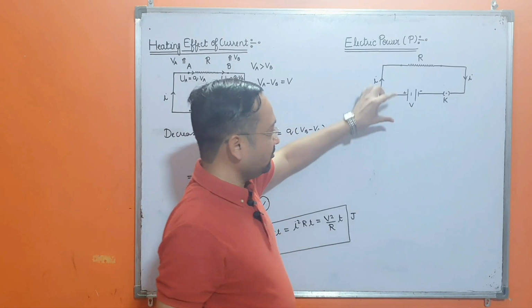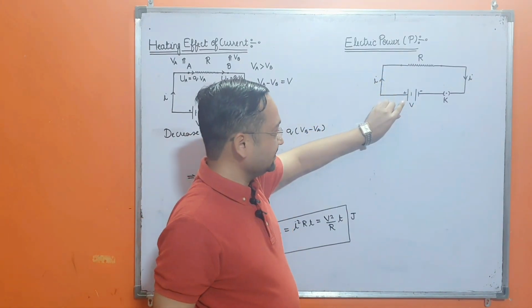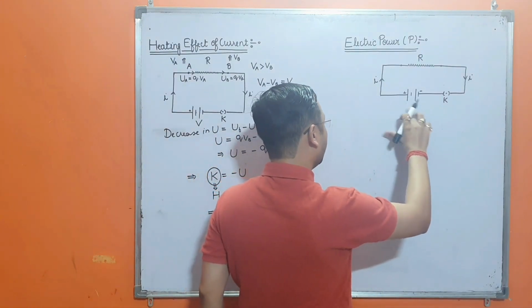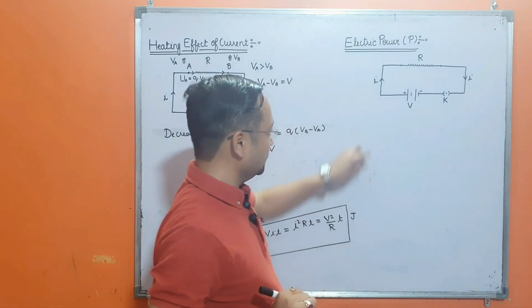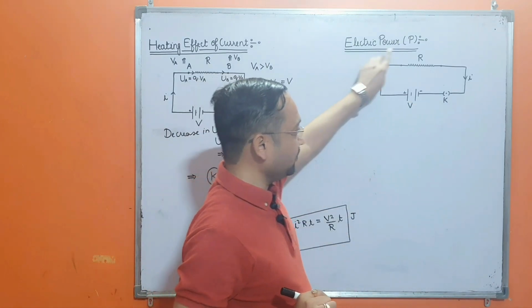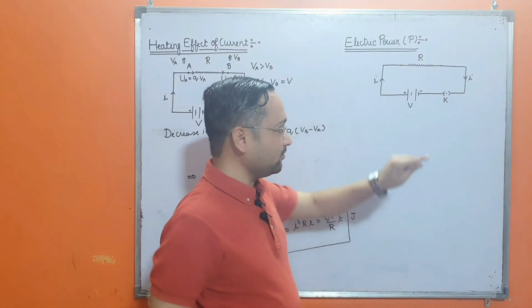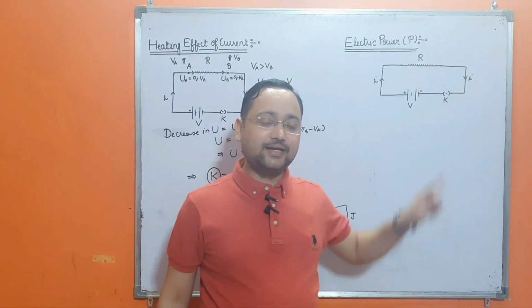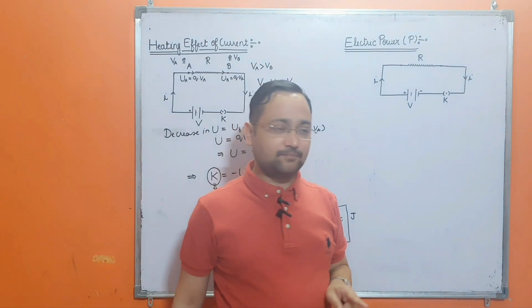The amount of work done per unit time, or the rate at which the DC source is performing work to maintain the current in the circuit, to maintain the flow of charge in the circuit, is called the electric power.